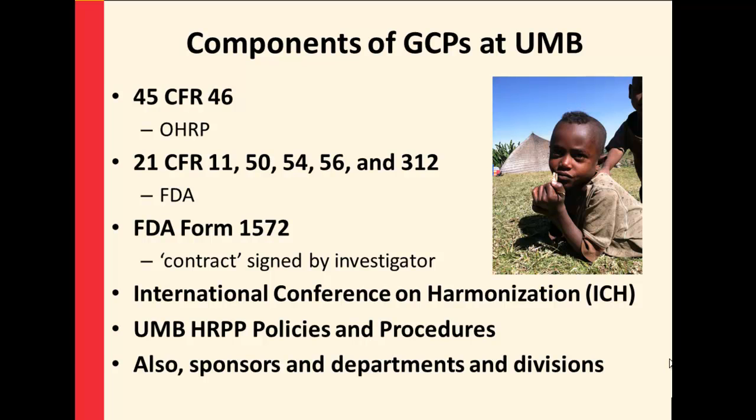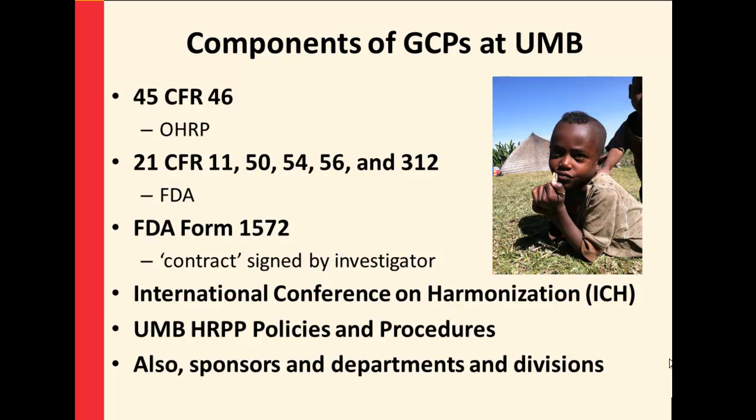The way I look at it, it's like the default federal regs. If you're not under the FDA, that's what IRBs use, that's what most people use. Even if the money you're getting is not coming from the feds, those are the regs that we want you to follow. And that is how Cicero and the SOPs and the checklists and everything that we use in the IRB were made, using those regulations.